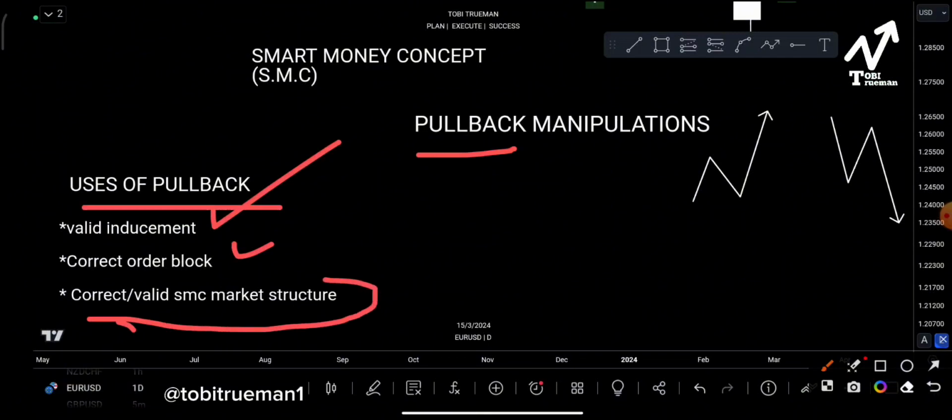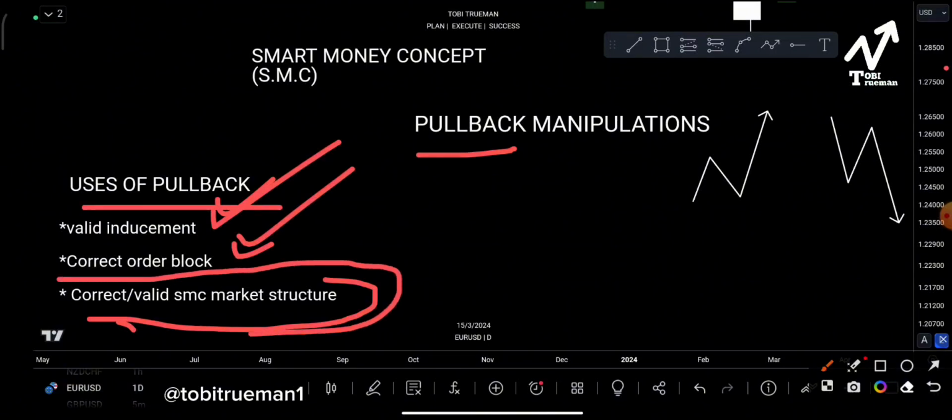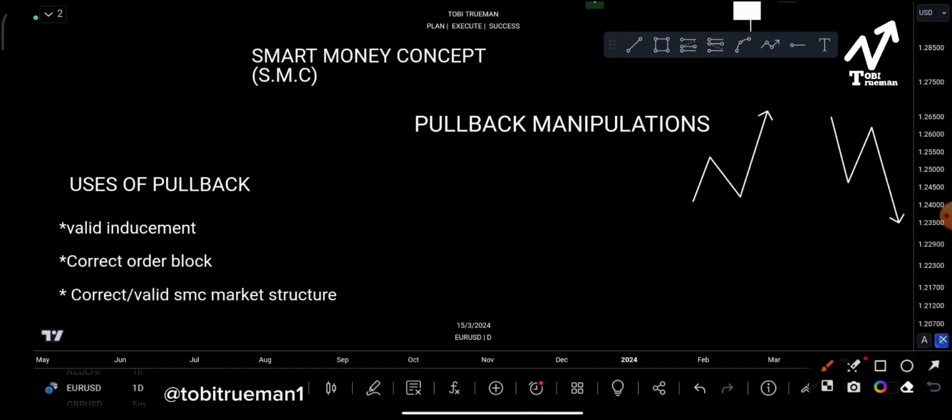Because when you have a valid inducement and a valid order block, you are able to mark out your correct smart money concept market structure with this information. And for you to get any of those, you need to know which one is your proper pullback in the market using candlestick formations.